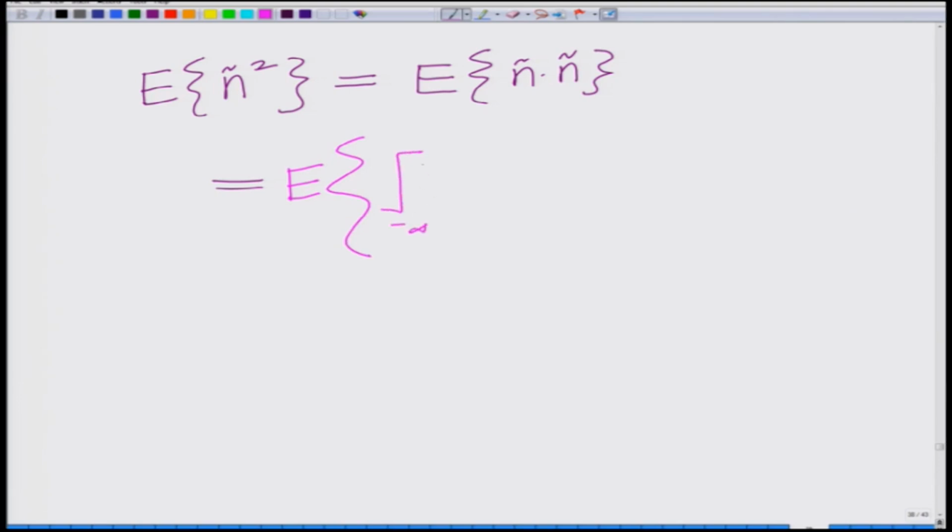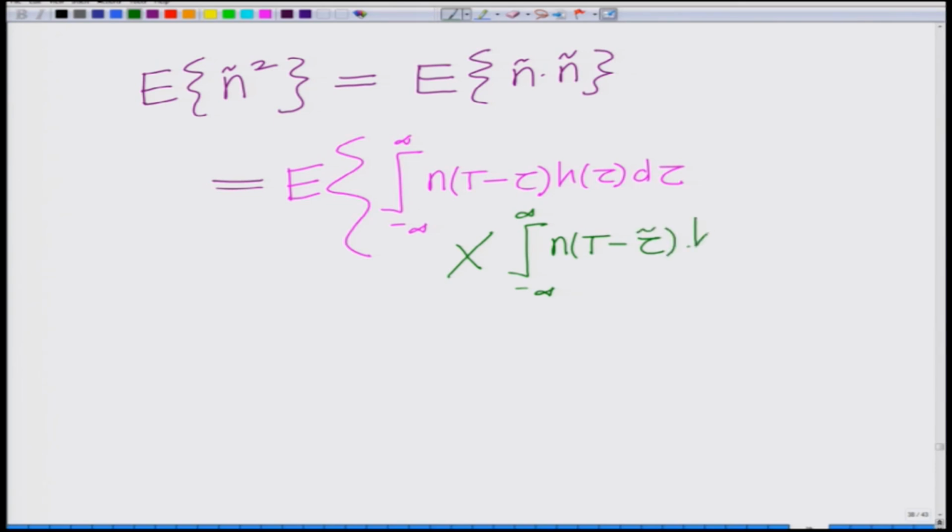Now, I am going to write the expected value of n tilde, that is, the integral from minus infinity to infinity of n(t minus tau) h(tau) d tau, this is one n tilde, times, I am going to just simply change the variable of integration, the integral remains unchanged, n(t minus tau tilde) h(tau tilde) d tau tilde.